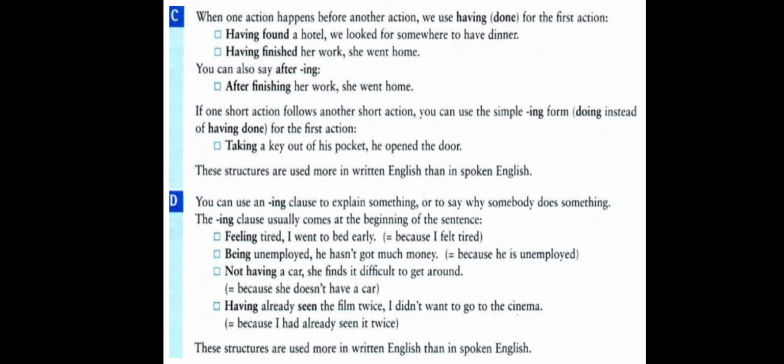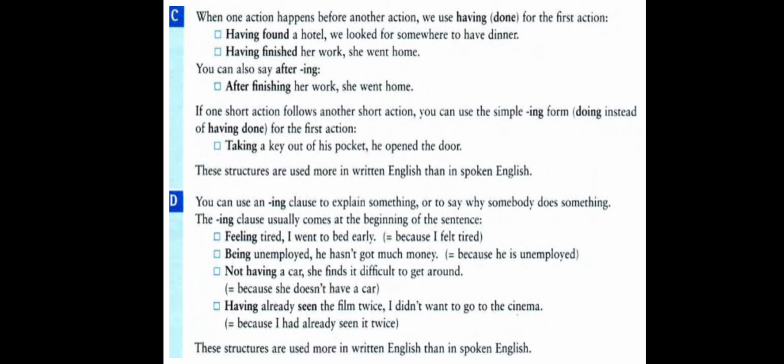As I was feeling tired, I went to bed early. Or because I felt tired, I went to bed early. So we cut off because, we cut off I, and we change felt into feeling, verb plus ing. So it becomes ing clause. Feeling tired, I went to bed early.